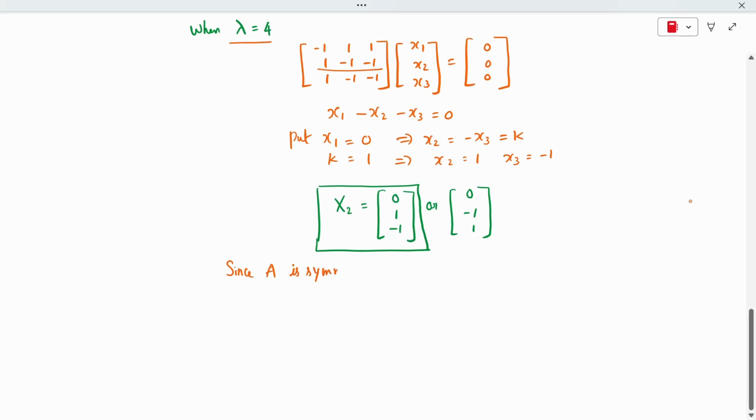A is a symmetric matrix means the orthogonal condition is satisfied. The eigenvectors satisfy the orthogonal condition.